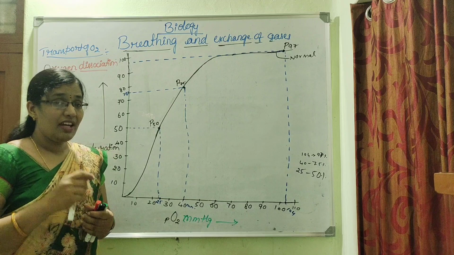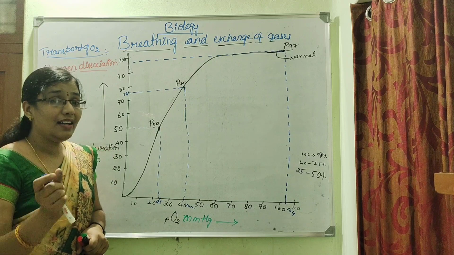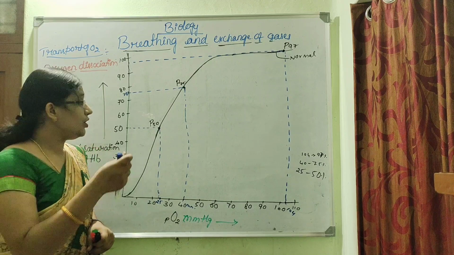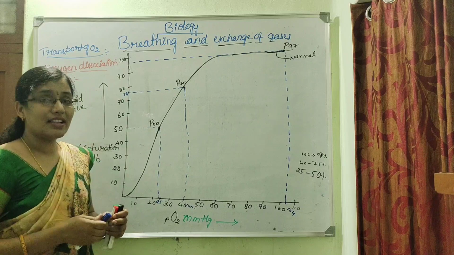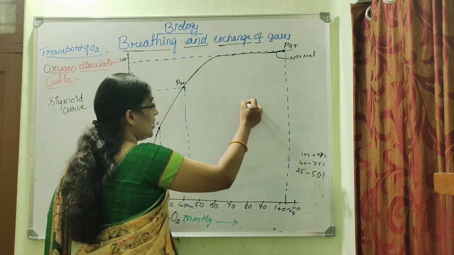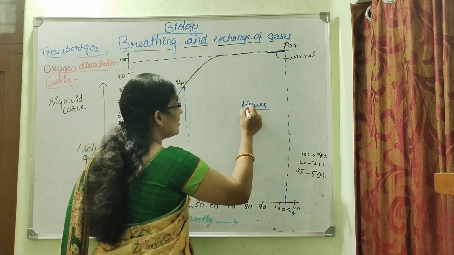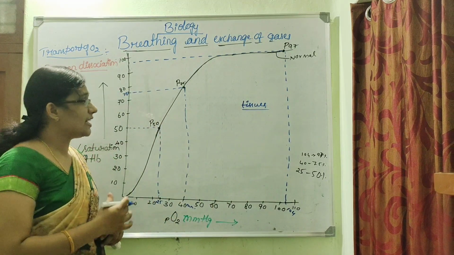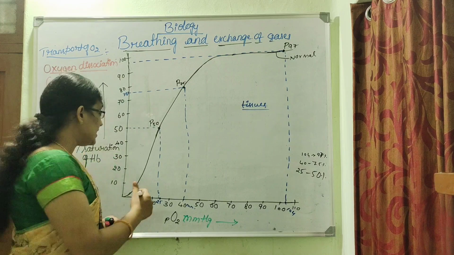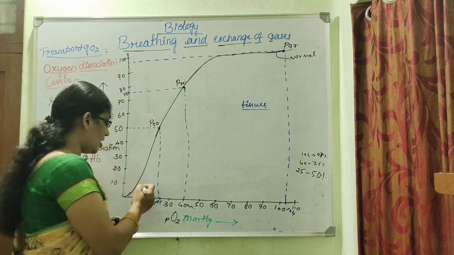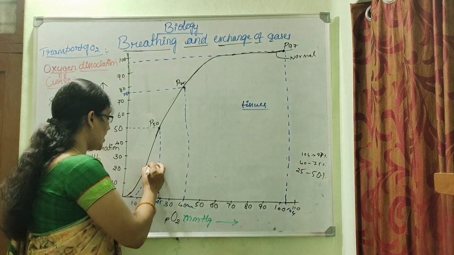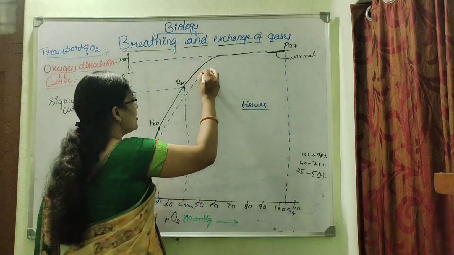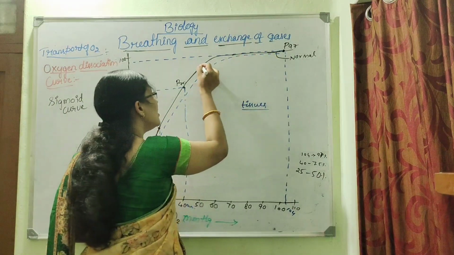But when we look at the binding of oxygen to hemoglobin inside the tissues, this curve shifts towards the right side.